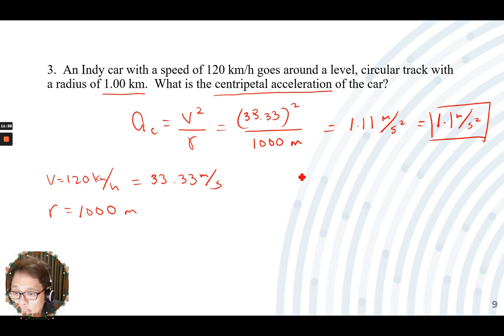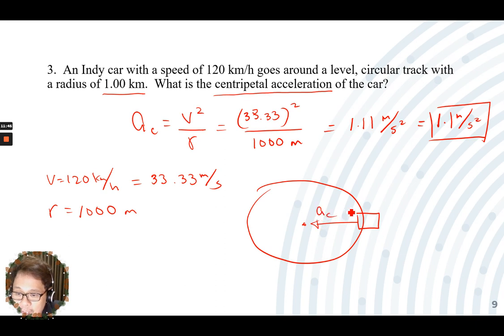So if you were asked to illustrate this, you have the circular path. This is the car. The acceleration is headed towards the center. This is A sub c. Let's go to the next problem, number 4.